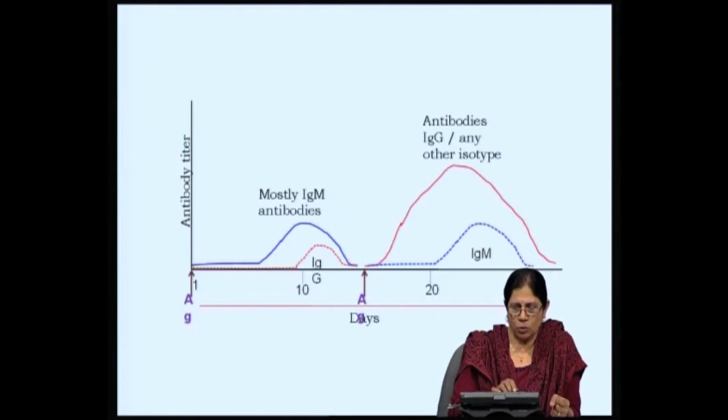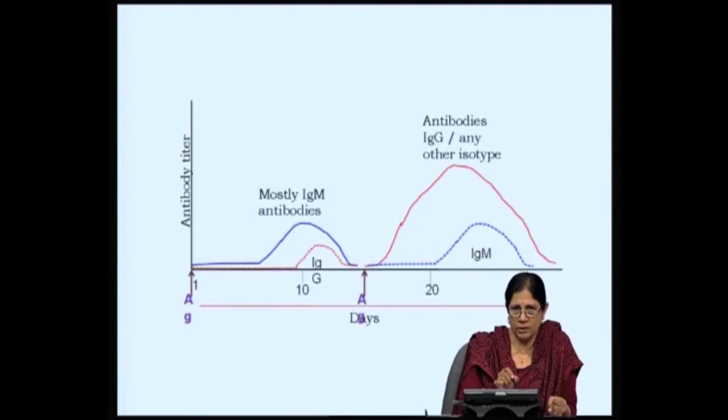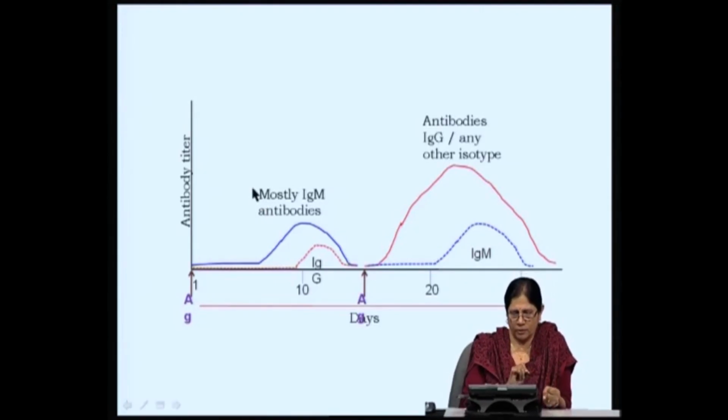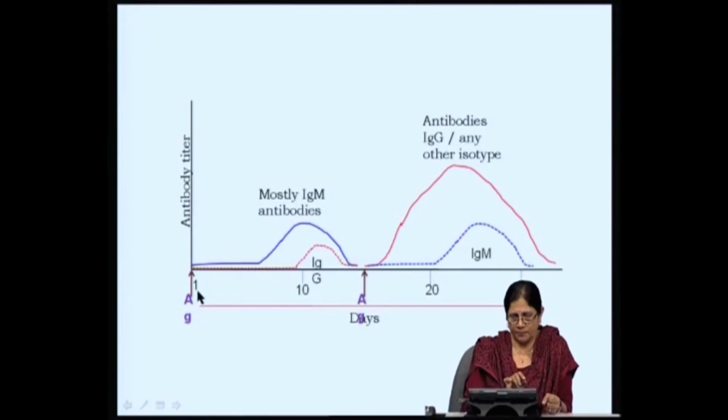Remember that the total immunoglobulin repertoire will remain almost the same with respect to the amount of immunoglobulin, but the antibody titer, the antibody to the antigen which has been injected, will differ.